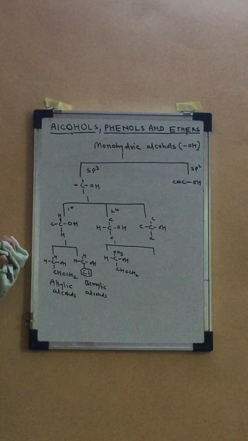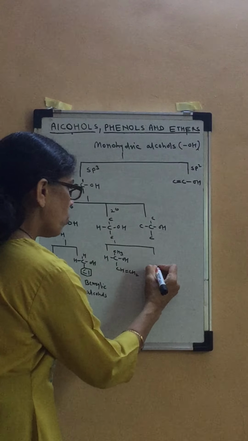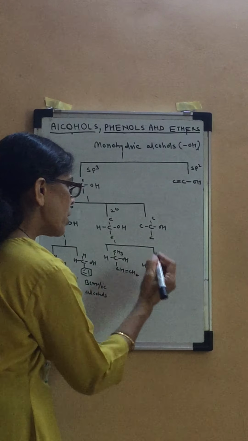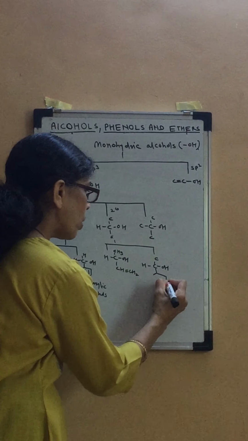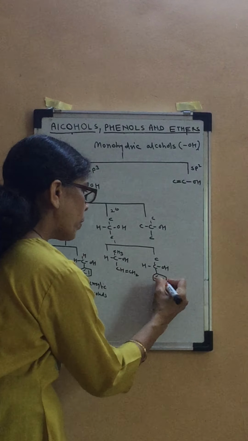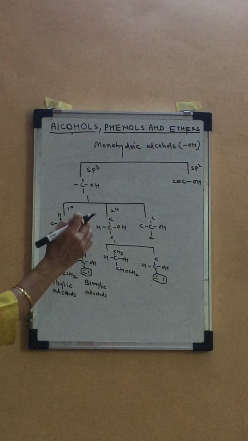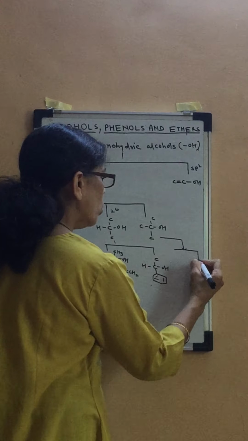The other can be CH3 or any alkyl group. That is allylic alcohols. We can have again an OH-carrying sp3 secondary carbon, and one of the carbon atoms is part of an aromatic ring. That becomes benzylic alcohols, like this, allylic, benzylic. And similarly, tertiary also can be classified into two types.